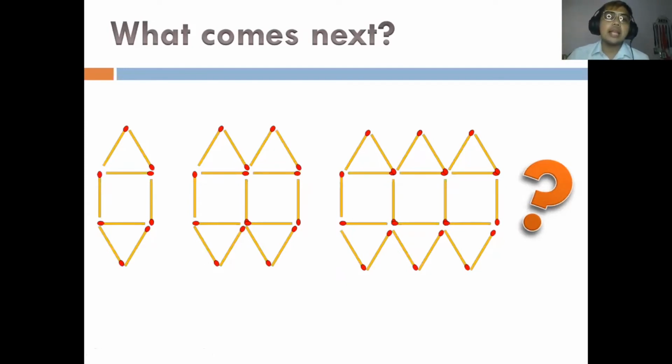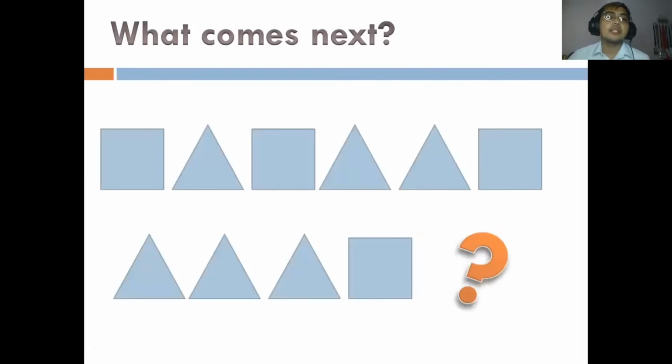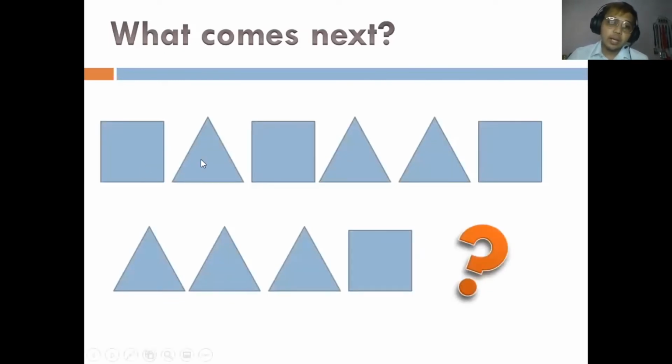Okay? Next, you have this one. Square, triangle, square, duha ka triangle, square, tulo ka triangle, square. So, kung imong observe ang pattern, every after the square kay triangle.